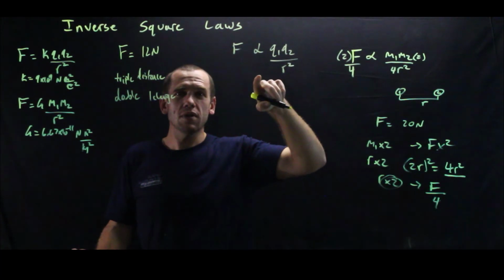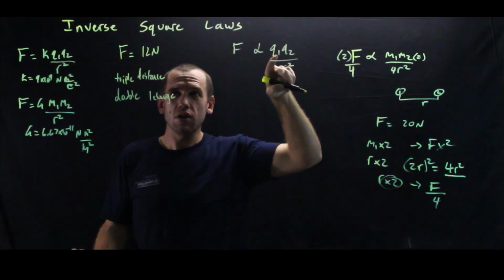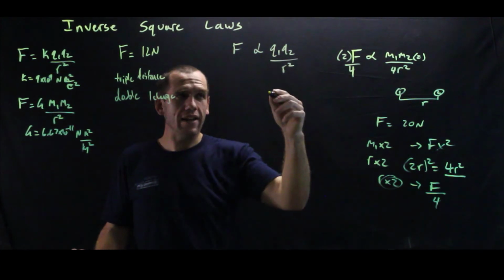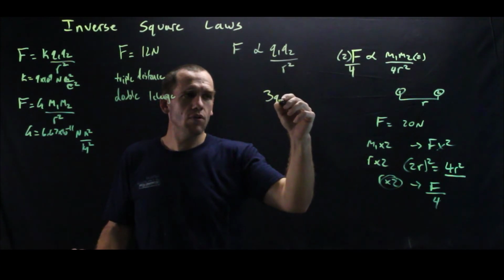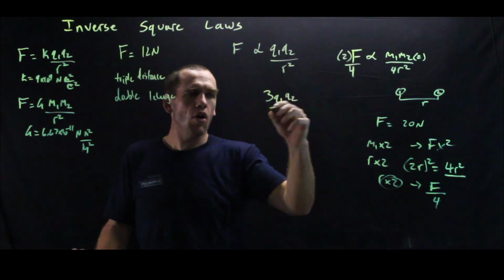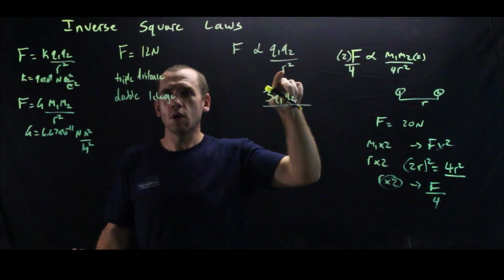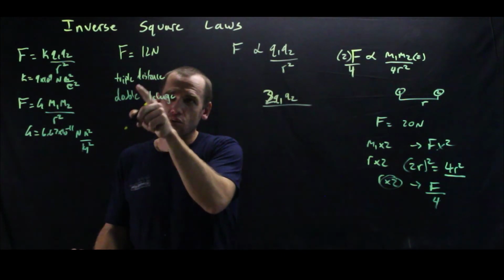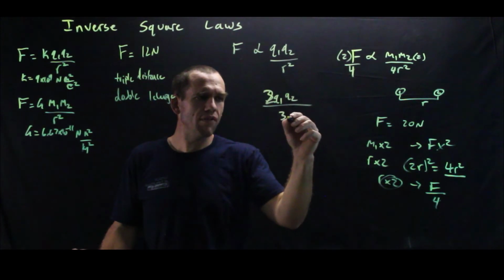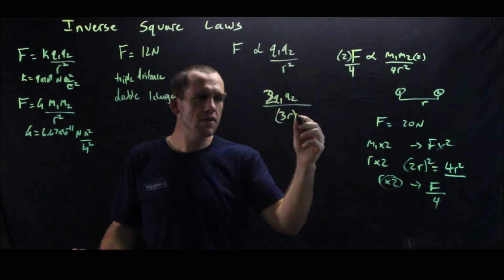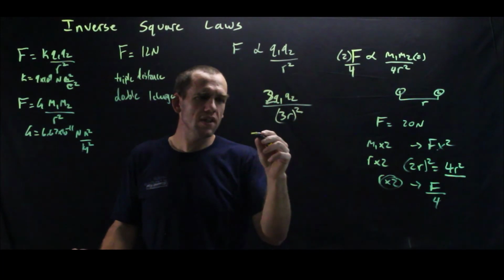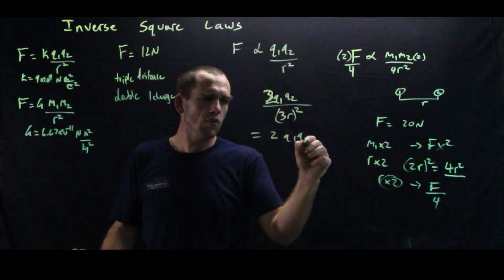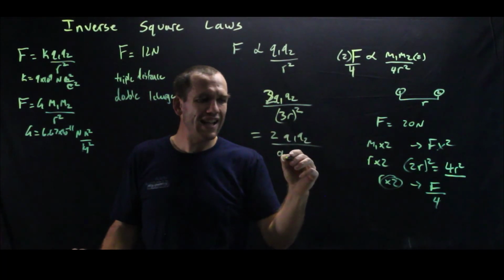And so what I'm going to do is I'm just going to go ahead and put in the things that I've done. So instead of Q1, we doubled the charge, sorry, we're going to put a 2 there: 2 times Q1, Q2. And we tripled the distance. So instead of r, I have 3r, and so I've got to square that. And so what this ends up with is 2 times Q1, Q2, over 3 squared is 9r squared.